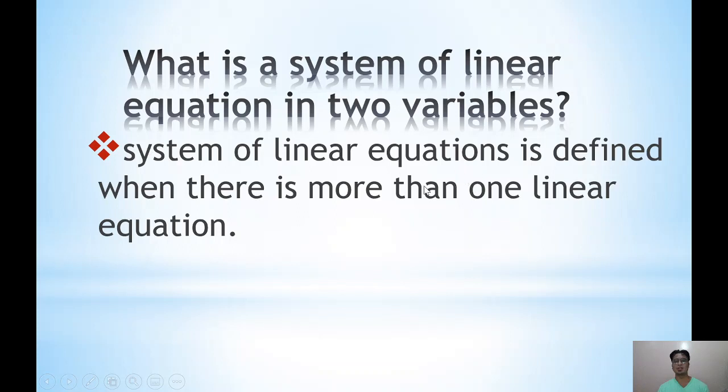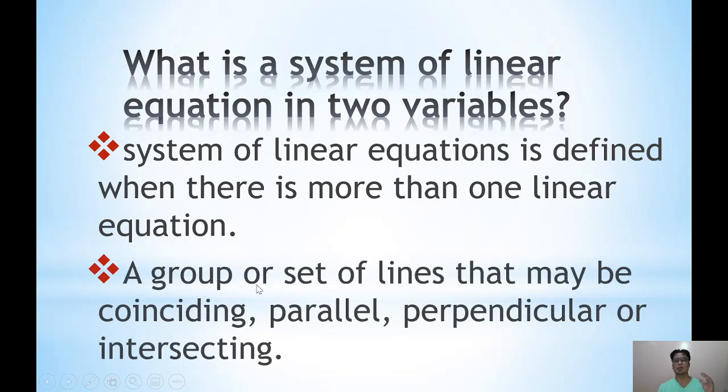So in this case, ang sabi, more than one linear equation. Yung linear equation of the line yan. Kaya nga yung linear natin comes from the word line, linear line. So we are talking about more than one line. Sa labat yan, daming lines. And that is what we call the system of linear equation.